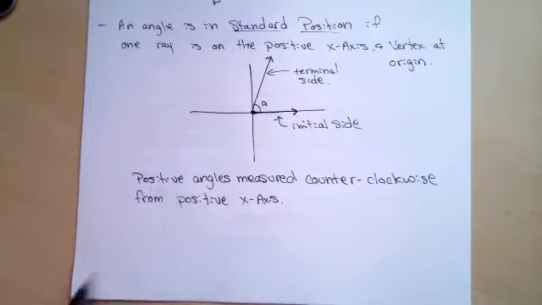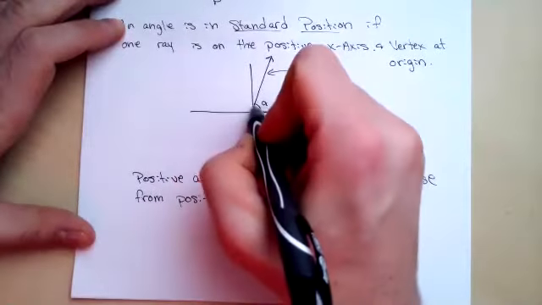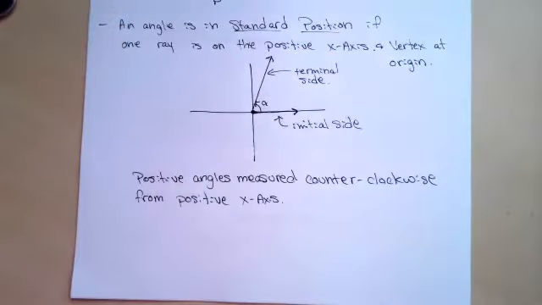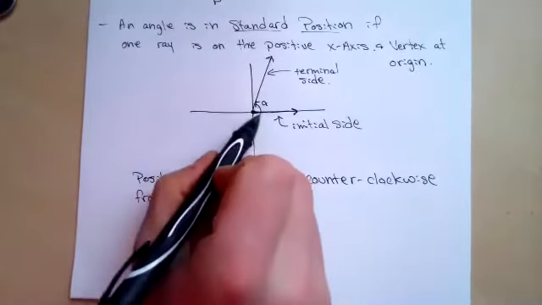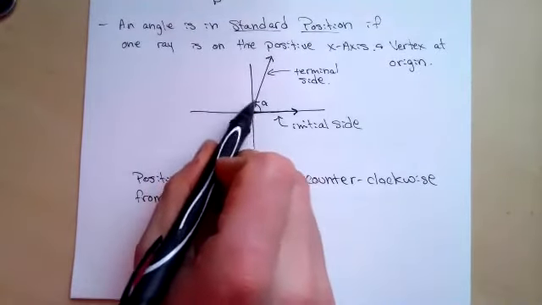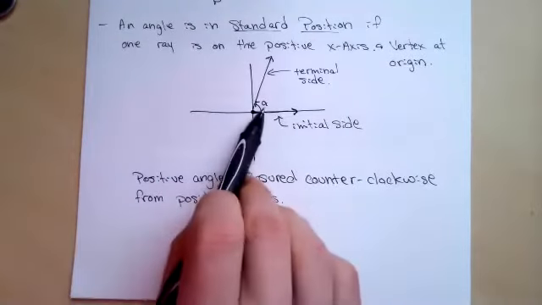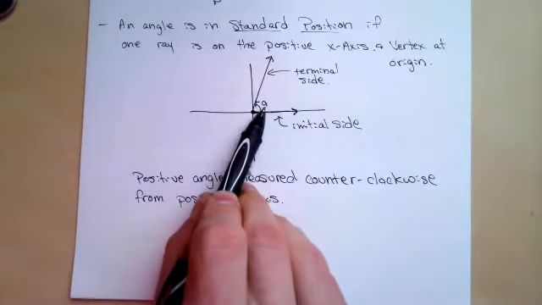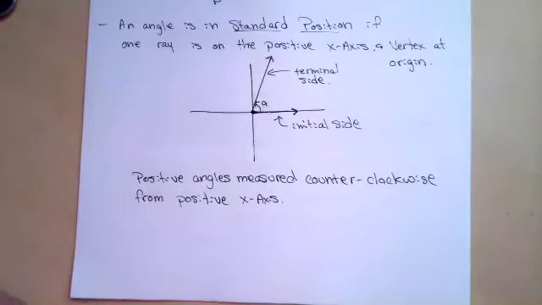I specifically say positive angle. So this angle alpha here, you can put a little arrow on that arc as well if we want to indicate that we are measuring from the positive x-axis. This would have a positive degree measure, something like 60 degrees, 70 degrees, looks like how I drew it.